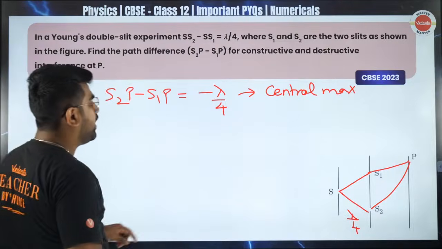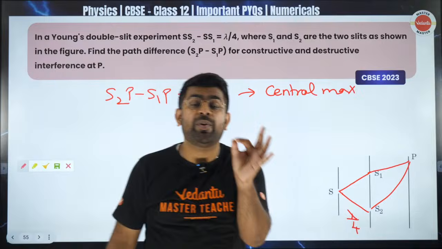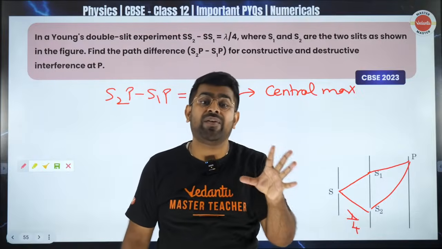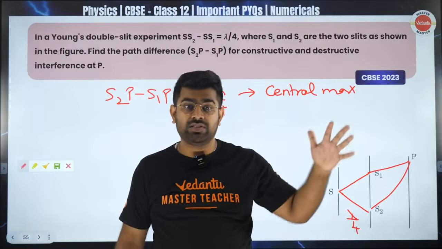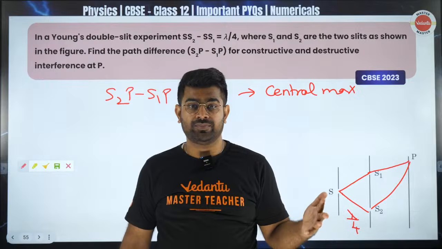Whenever the path difference is a multiple of lambda, you will have constructive interference.